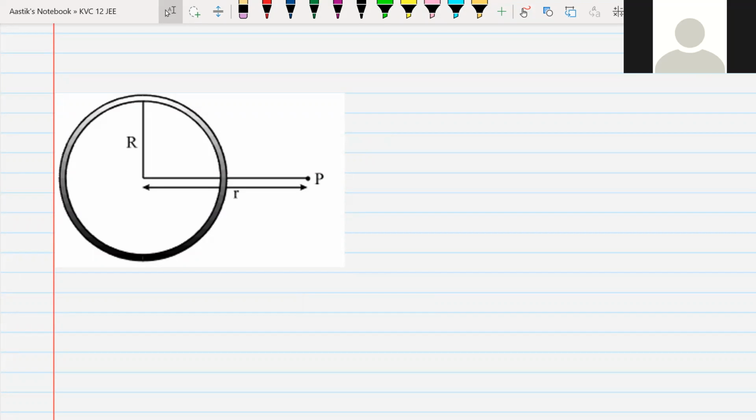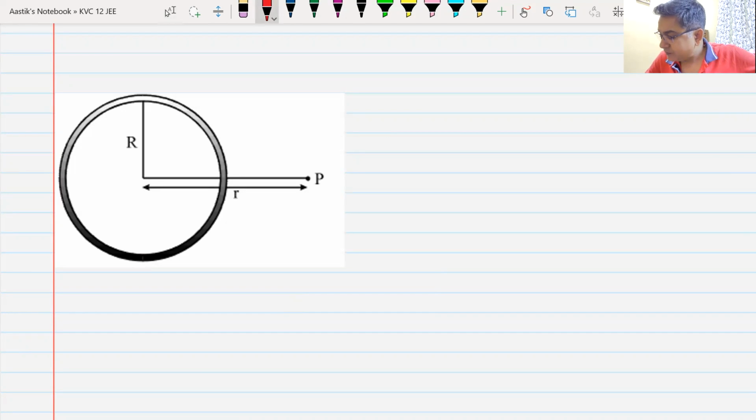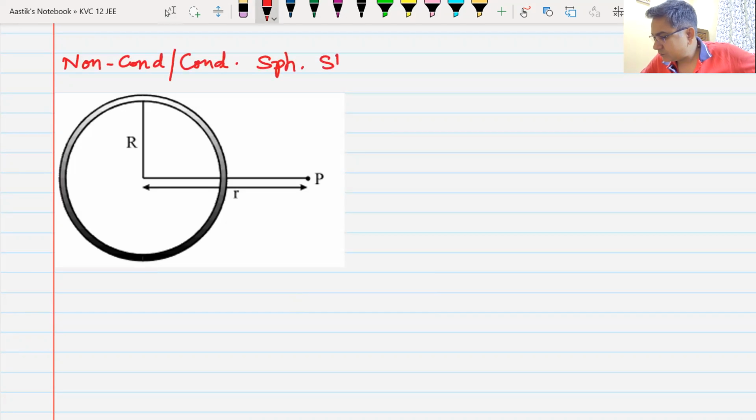This could be a conducting hollow sphere, or you can call it non-conducting or conducting spherical shell. Non-conducting or conducting spherical shell.